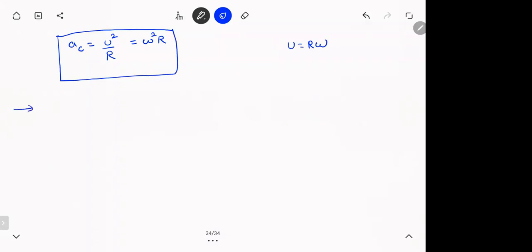So the important thing here: a particle going in a curve has centripetal acceleration. It need not be a circle.